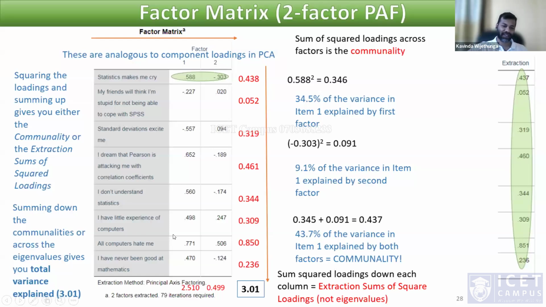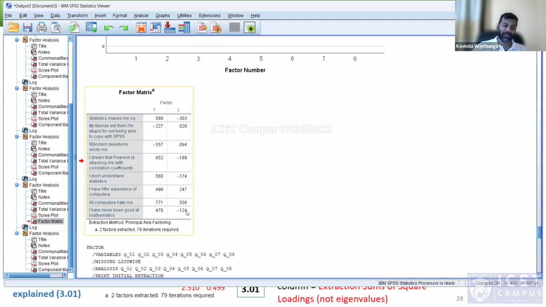Although we just gave this to SPSS, this is a long process if we use manual calculations, since we have to repeat it 79 times to find these two factors. Then we'll try to understand what is included in this factor matrix.